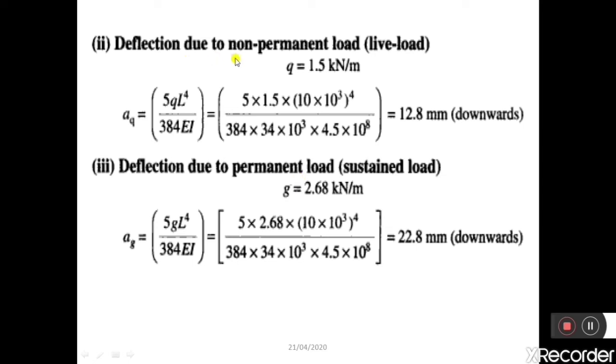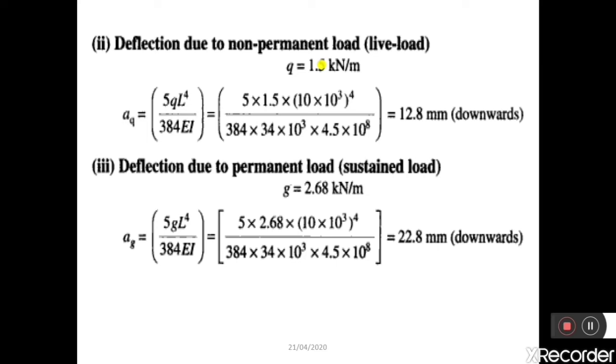Now deflection due to non-permanent load. Non-permanent load is nothing but the live load. In the question it is given that an imposed load of 3 kilonewton per meter, but again a condition is given, that out of that only 50% will act as live load.